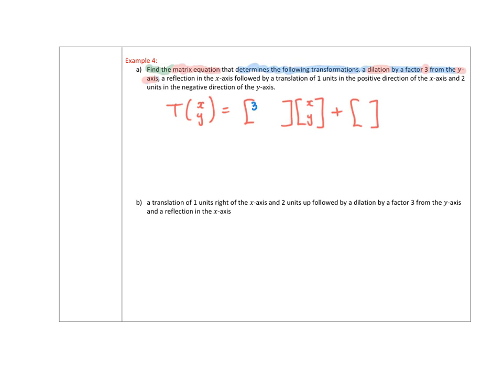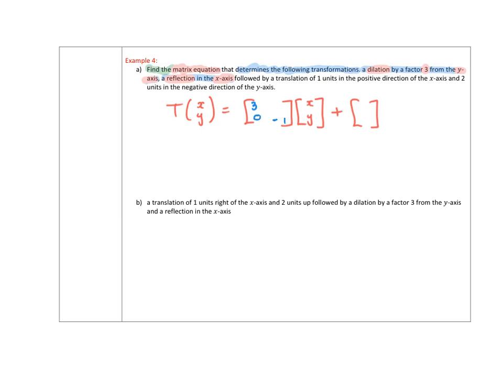The next transformation that we're looking at is a reflection in the x-axis. Now if there's a reflection, and if we know it's in x, then that means that in the bottom right-hand corner there has to be a negative 1.